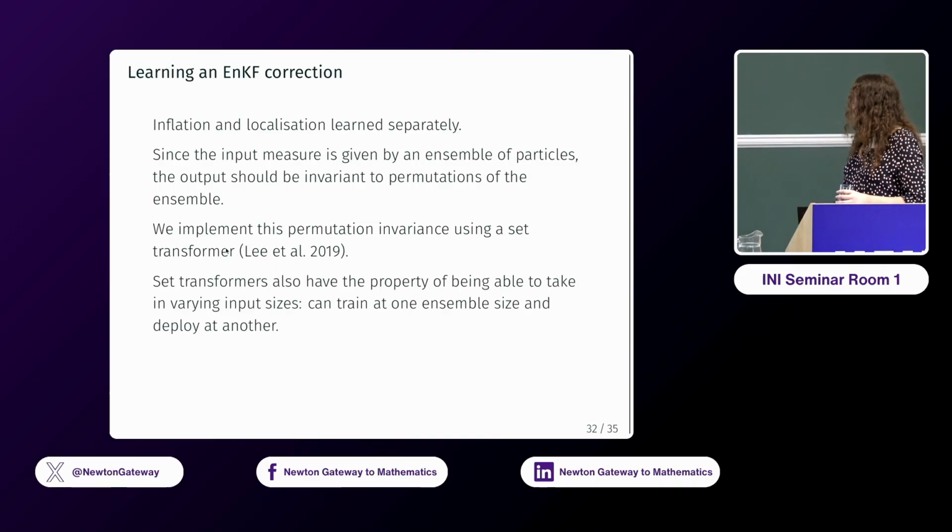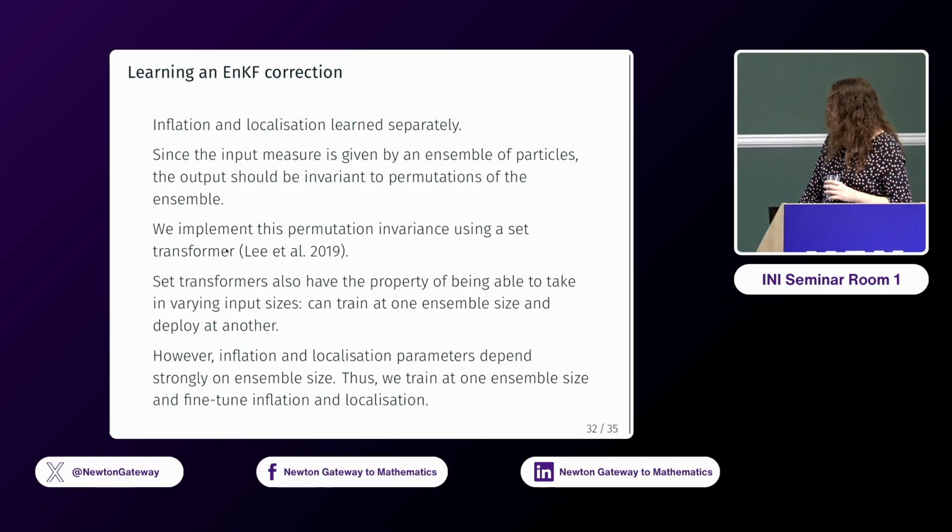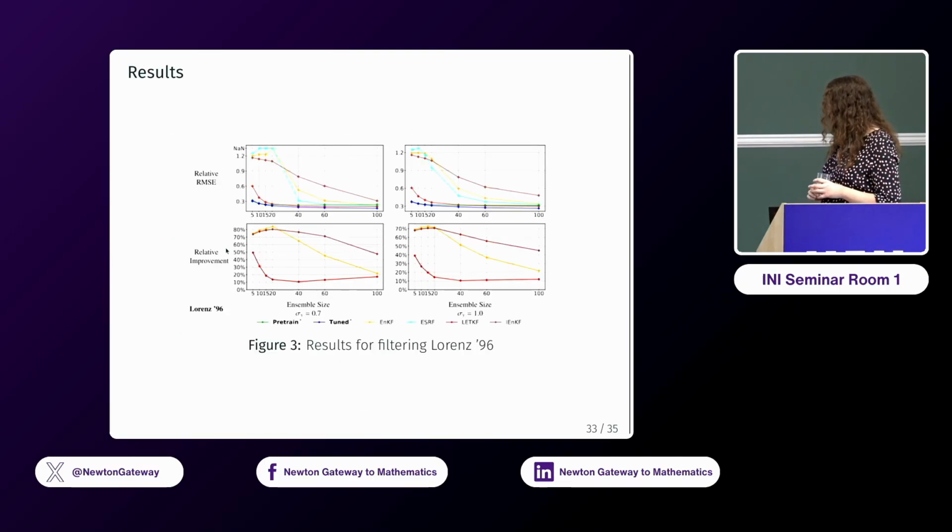So we did this using a set transformer. This also has the property of being able to take variable input sizes. So this means we can train at one ensemble size and deploy at another size, which is also a nice property. And then we also learned inflation and localization parameters based on ensemble size. So we use those to fine tune.